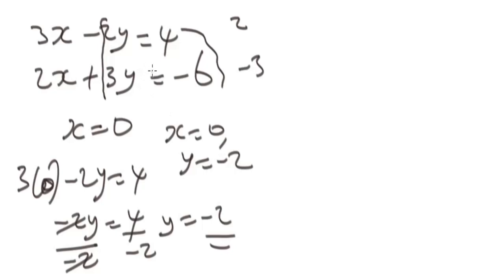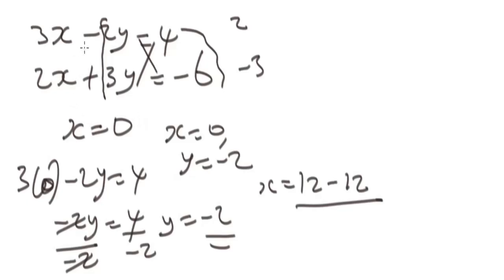Another way you can do it is we cross multiply. Now to get the value of x, x will be minus 6 times minus 2, we're going to have 12. Then minus 3 times 4 will give us 12, over.